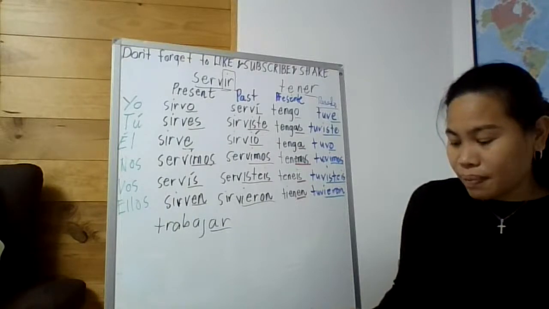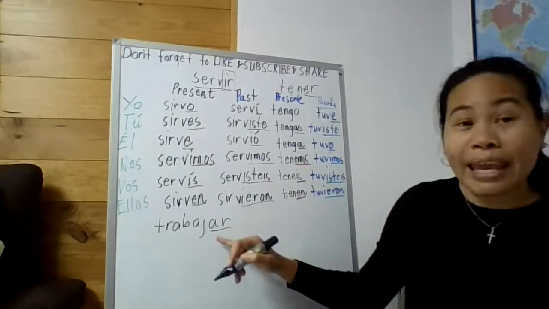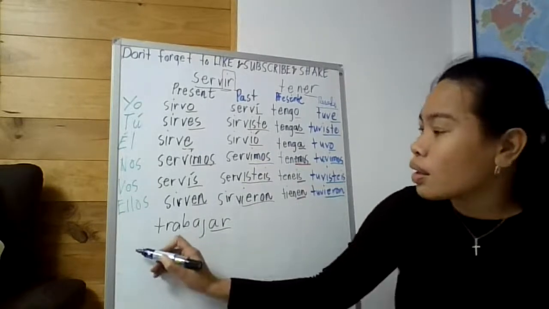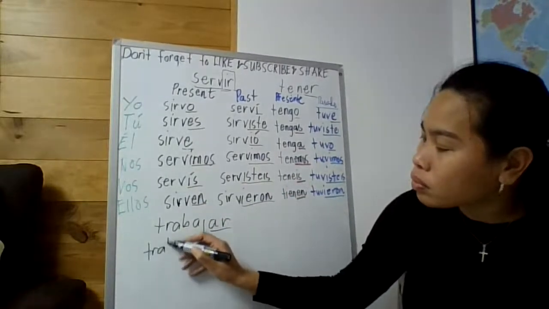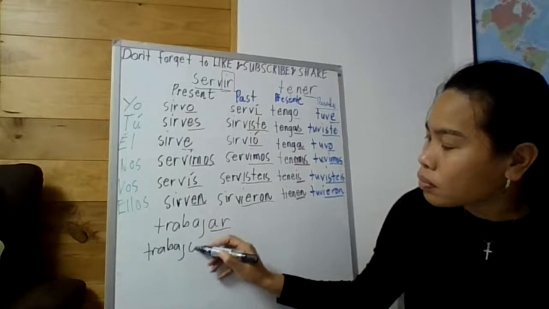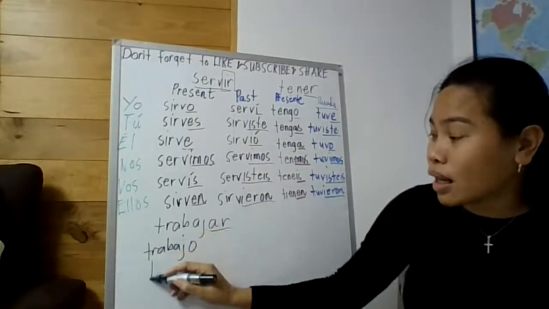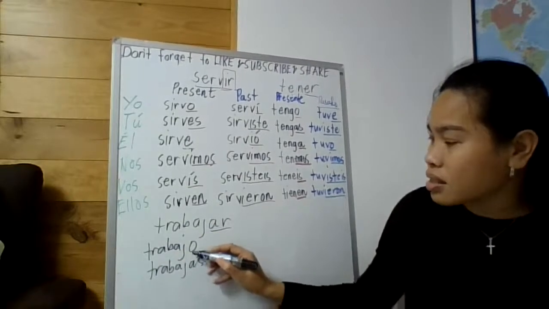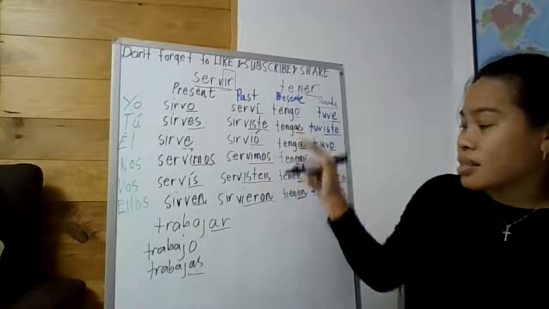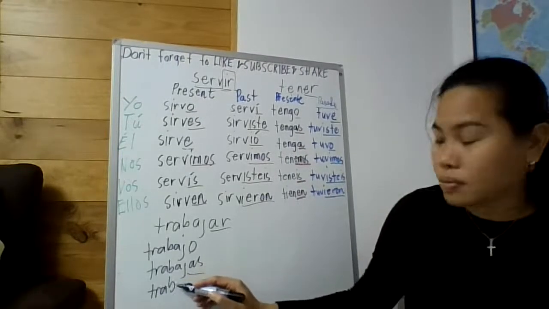Okay, so let's have the verb trabajar. AR. So, first person, yo trabajo. And then, it's the same actually. Tú trabajas. Él trabaja.